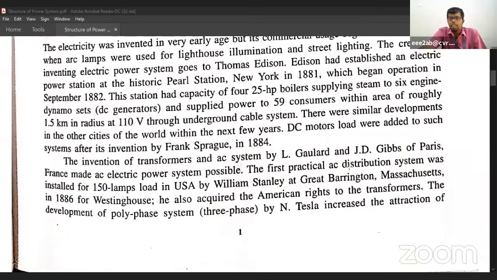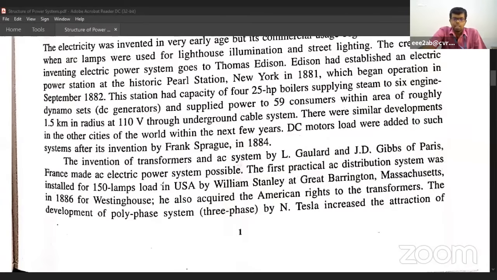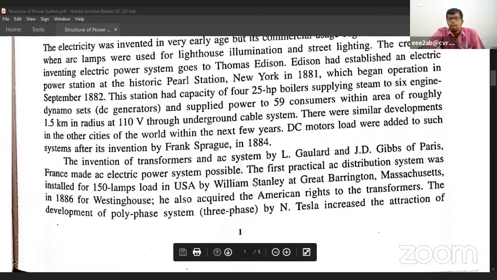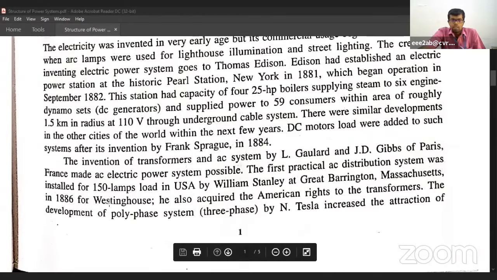The first practical AC distribution system was installed for 150 lamp loads in the USA by William Stanley, at Massachusetts in 1886 for Westinghouse.